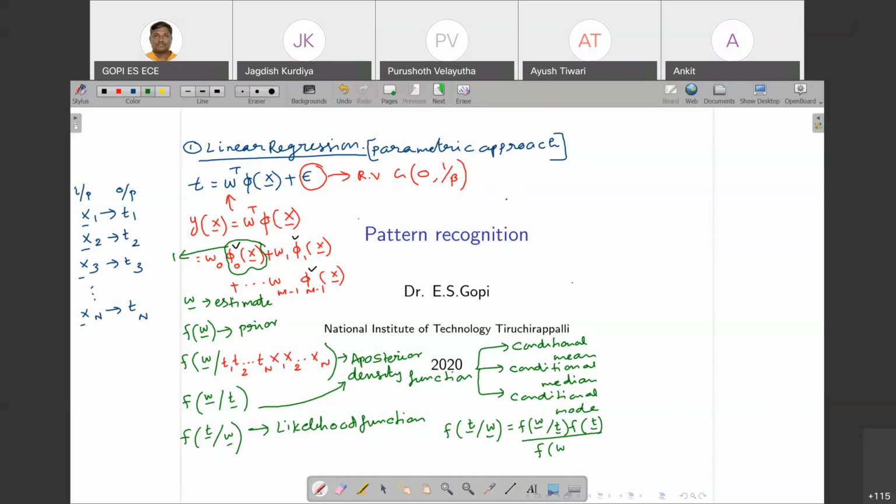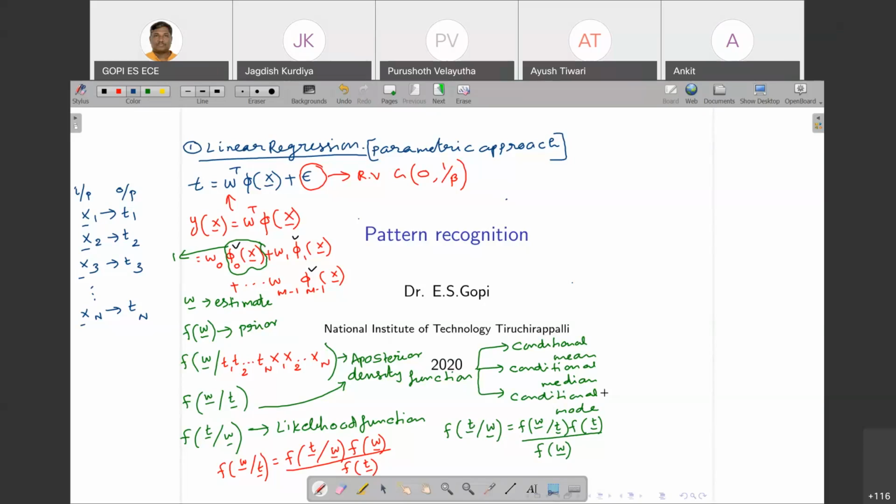In fact, we can write it the other way around also: f of w given t equals f of t given w, f of w, whole divided by f of t.